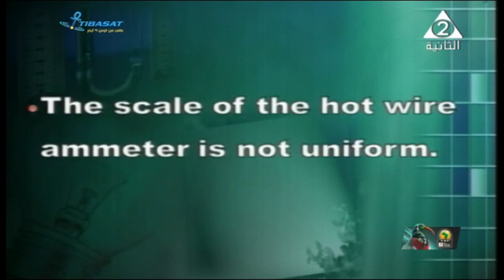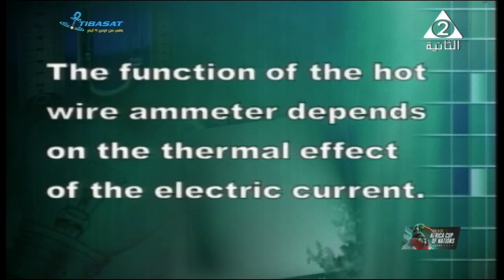Another give reason: the scale of the hot wire emitter is not uniform. This is the most important piece of information about the hot wire emitter. Why? The function of the hot wire emitter depends on the thermal effect of the electric current.